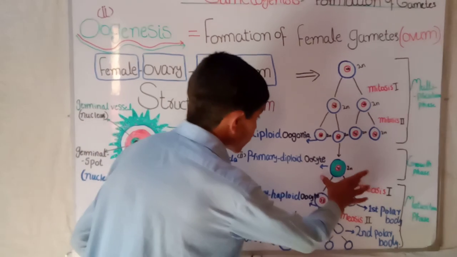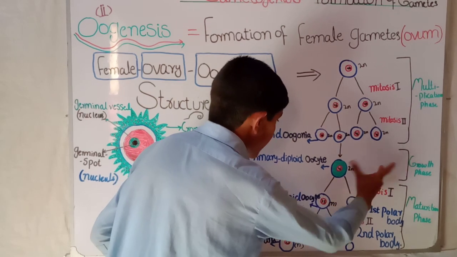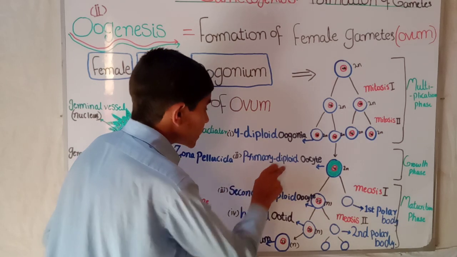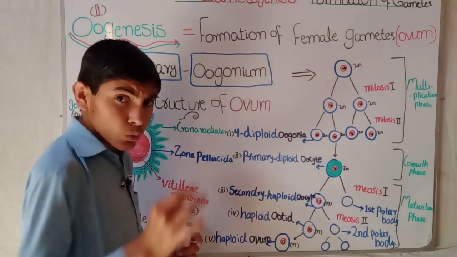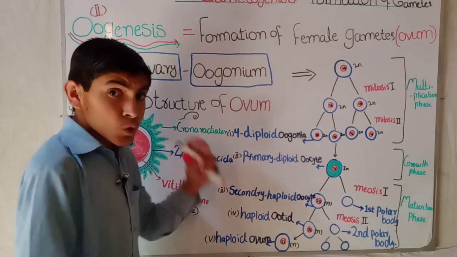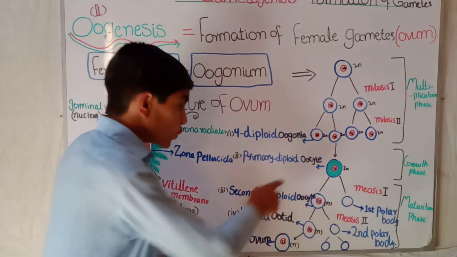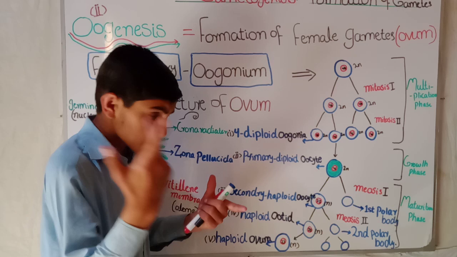So this cell undergoes the nutrition or growth phase, in which it becomes large, and we call it a primary diploid oocyte. The cell which undergoes the growth phase is now called the oocyte, not oogonia. It is also a diploid cell. There is no meiosis process here.